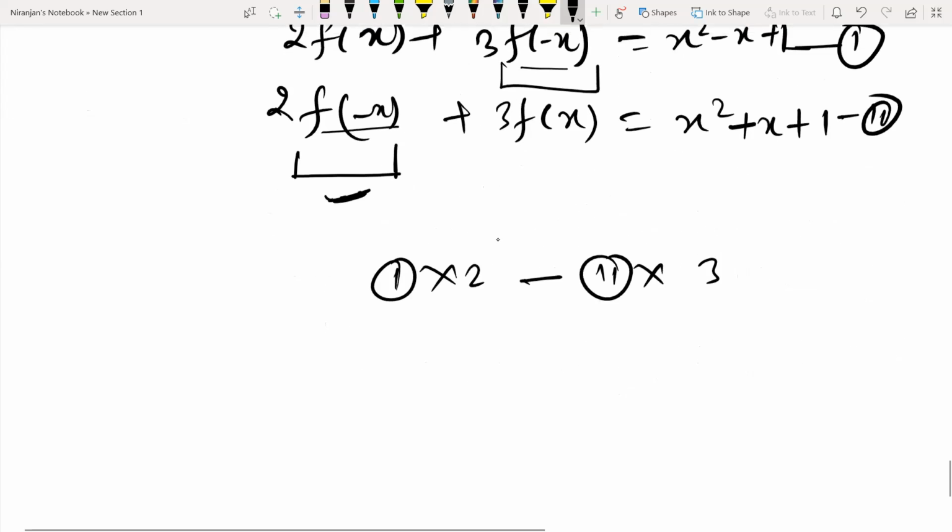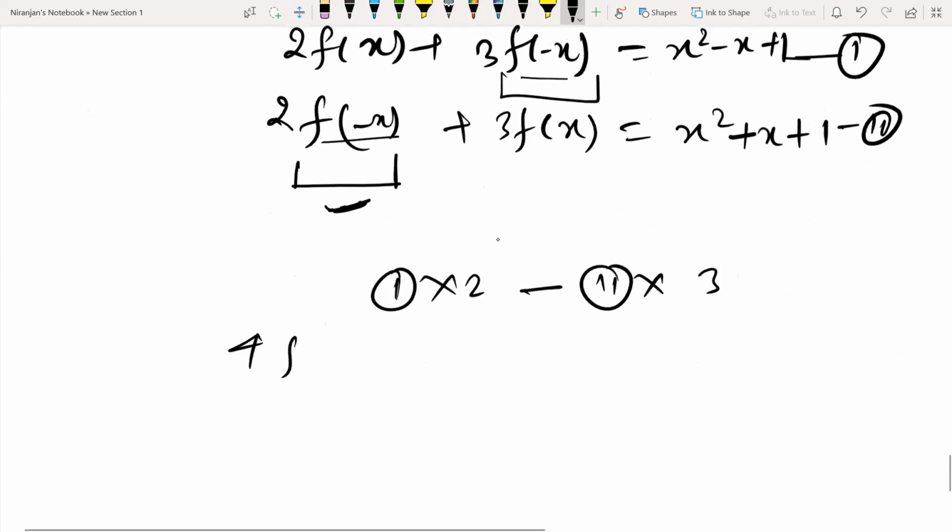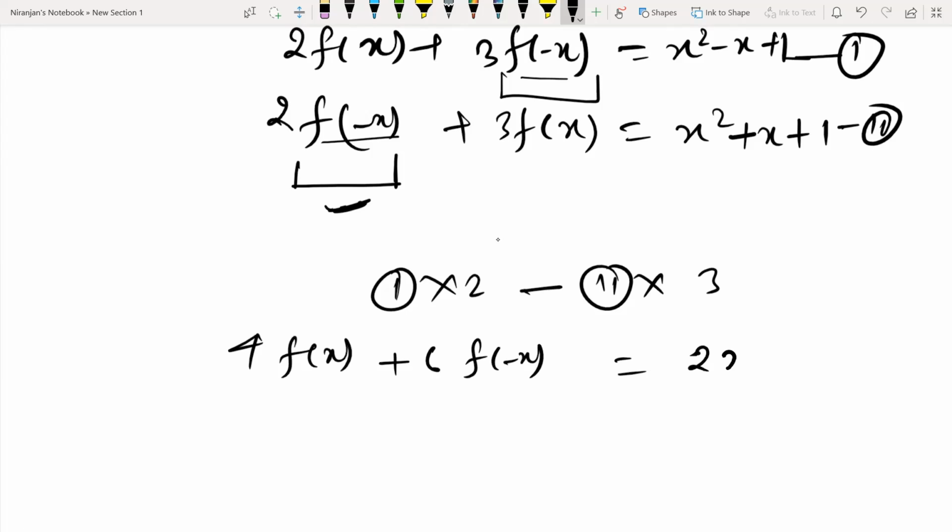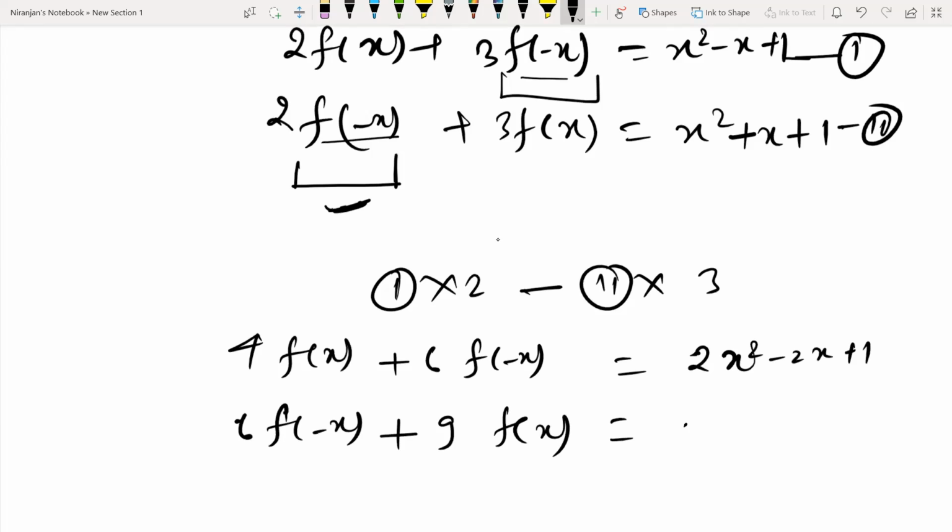So what exactly do I get, guys? I get 4 of f of x plus 6 of f of minus x, that is going to be 2 into x squared minus 2x plus 2. And if I multiply with this one, then I'll get 6 of f of minus x plus 9 of f of x is going to be 3 of x squared plus 3x plus 3.